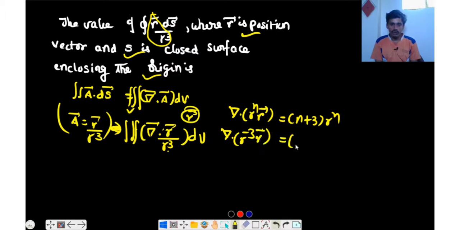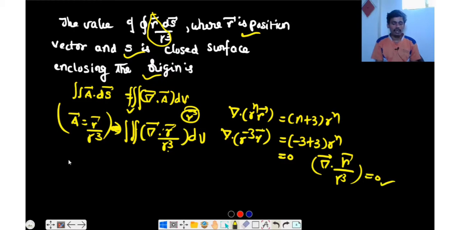Now substituting minus 3 plus 3 times R to the n gives 0, which means del bar dot R bar by R cube is equal to 0. But according to the Dirac delta function, del bar dot R bar by R cube is equal to 4 pi into delta of R.